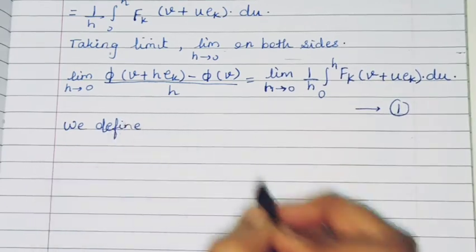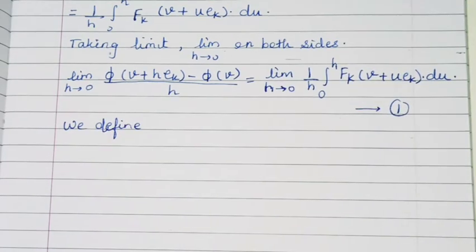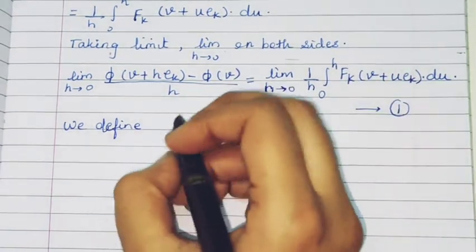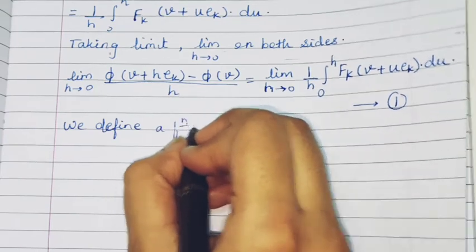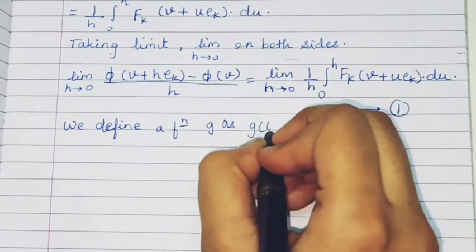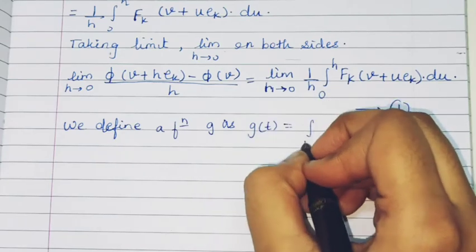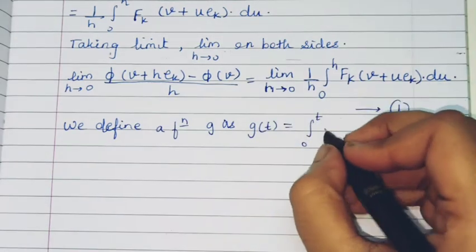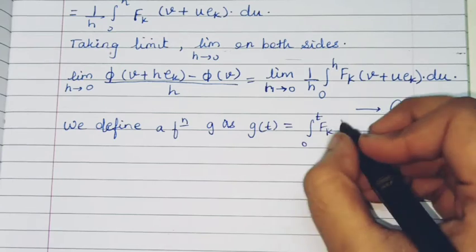Now for certain simplifications, we define a function g such that g of t is equal to integration of 0 to t fk v plus u ek du.